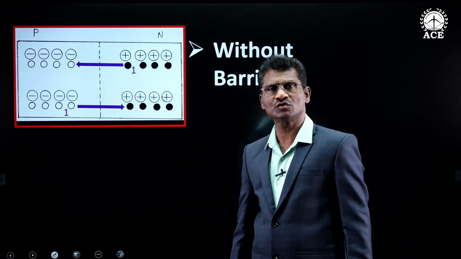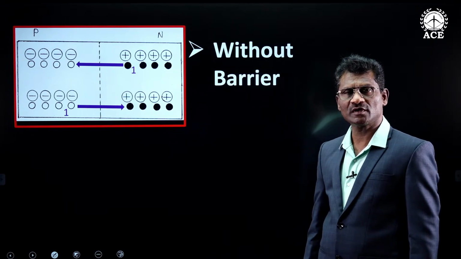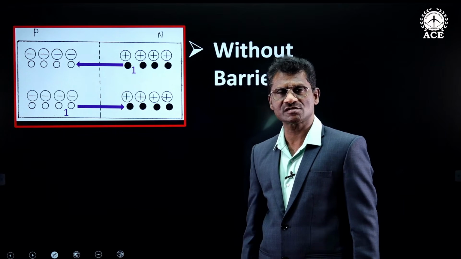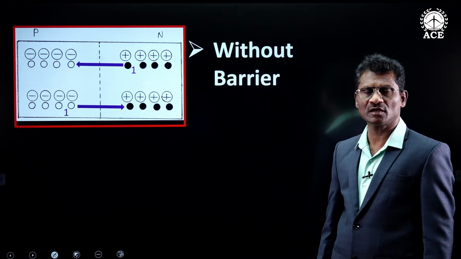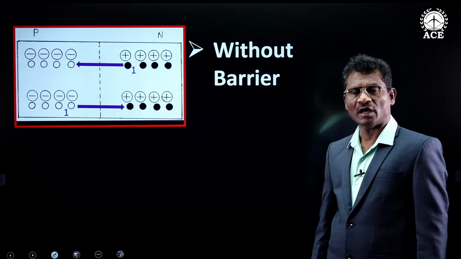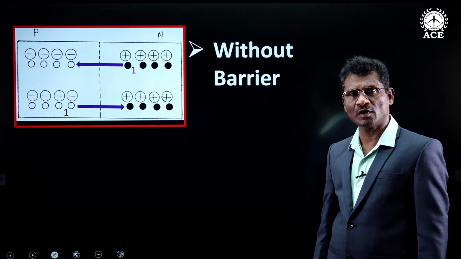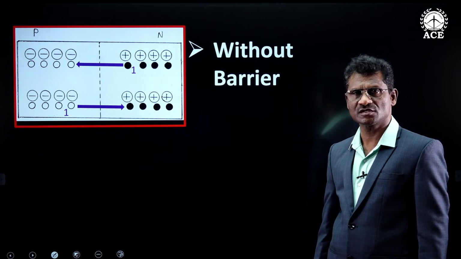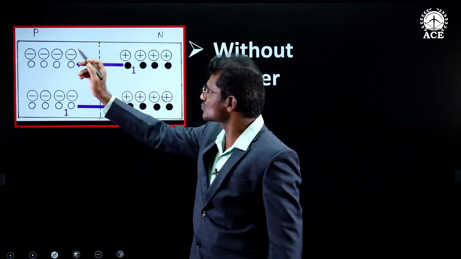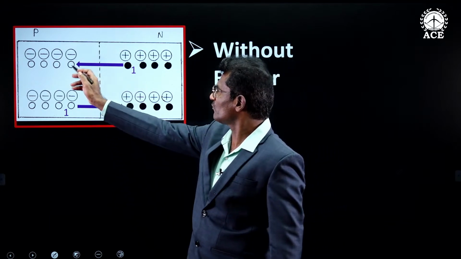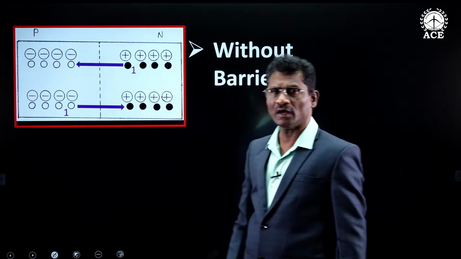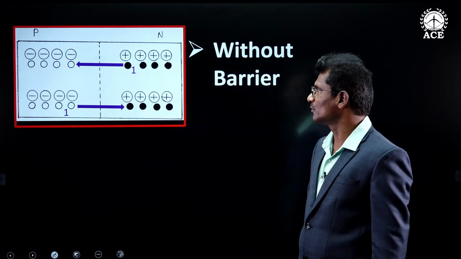According to the diffusion concept, whenever there is a difference in concentration, diffusion of charge carriers should occur from higher to lower concentrated area, ideally until uniform carrier concentration is achieved. Hence, electrons of N side diffuse to P and recombine with holes. Holes of P side diffuse to N and recombine with electrons.